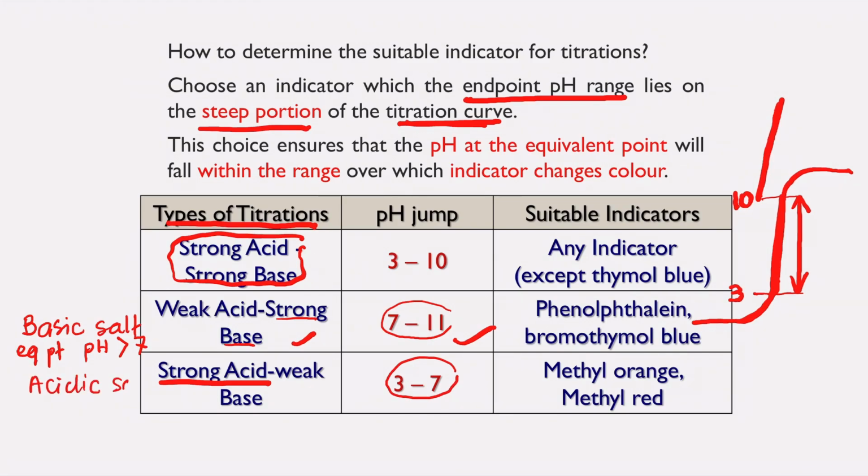So your acidic salt solution, okay, the equivalence point for your pH is less than 7. Alright. So maksudnya below 7. Okay, maksudnya dia acidic lah tu. Alright. So these are the suitable indicators for you to use. Okay. Right.